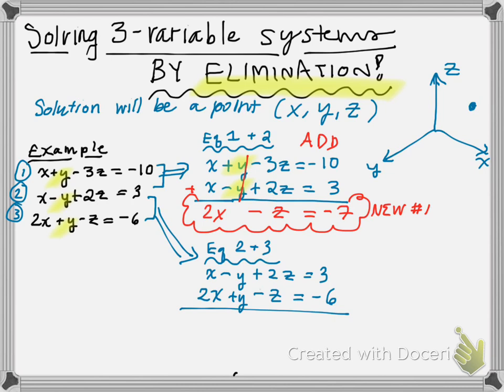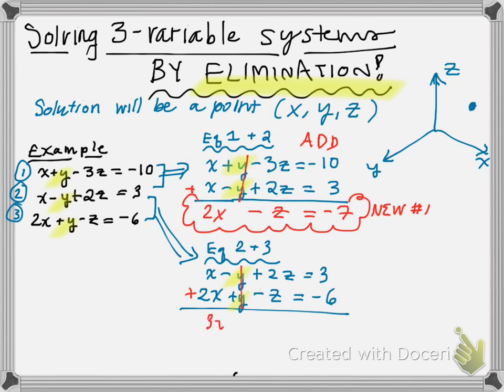When I take a look here, I see I have negative y, positive y. So again, it's going to be pretty easy to just add. There will be times when you will need to, for example, multiply one of the equations or both of the equations to get something to cancel. But for the sake of our time, I didn't want to do that in one of these videos. If we take a look, those will cancel.